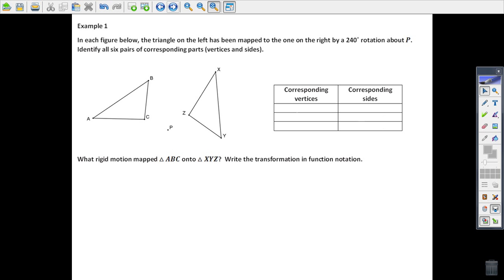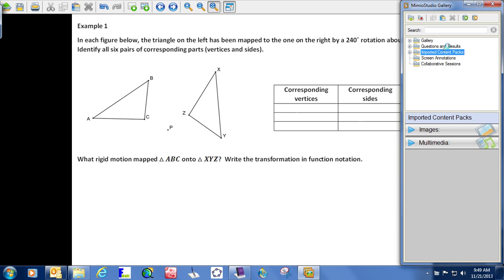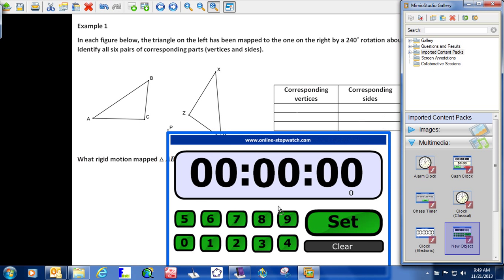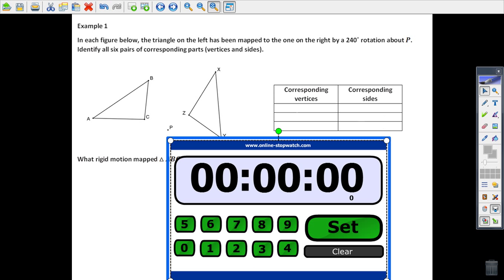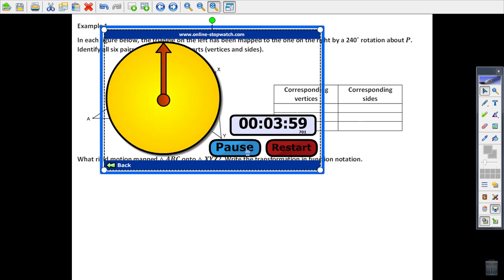So what you're going to do with your partner right now is together work on filling in the table. Start by filling in the table, and once you fill in the table, you're going to answer the question down below. Both of those are necessary at this moment. So I'm going to give you a total of 4 minutes to fill in the table as well as answer the question below.